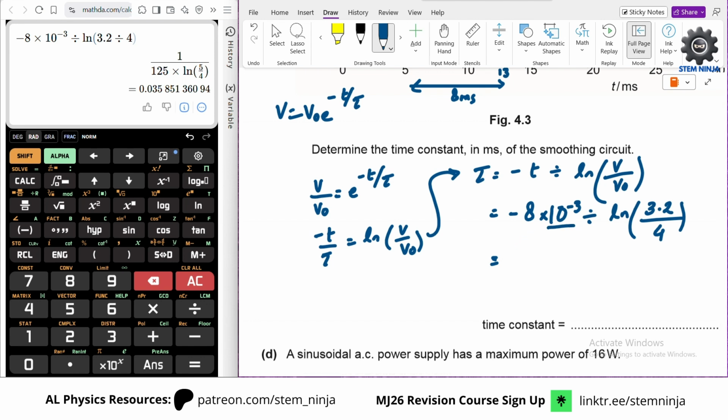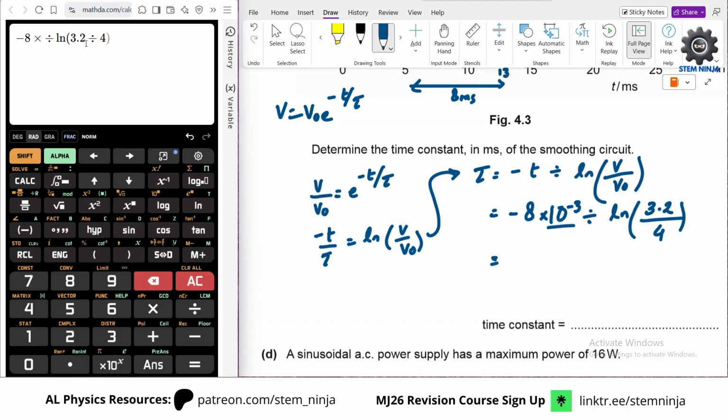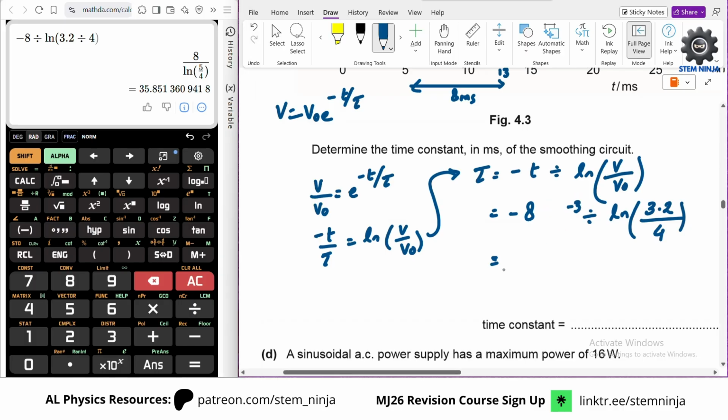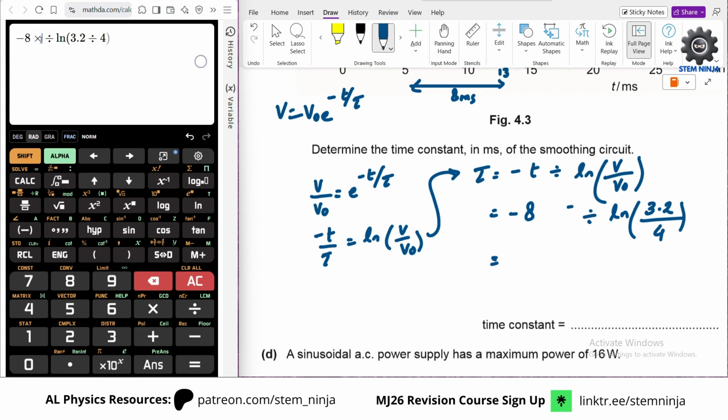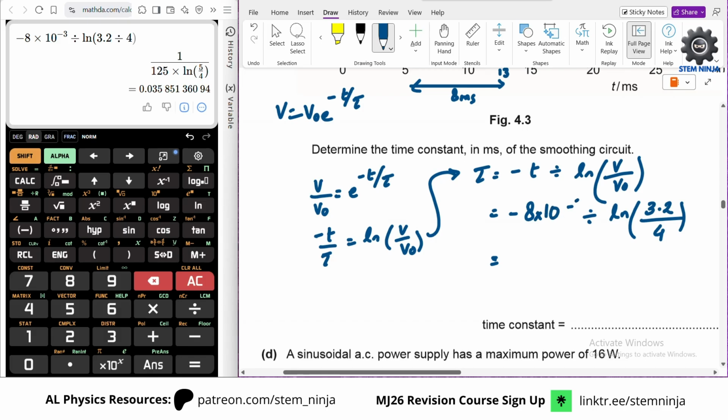So if we had used this in milliseconds, we would have gotten the answer in milliseconds also. So for example, if we reduce this, because e raised to the power is just the ratio between the voltages, so this would get us, let's go back, times 10 raised to the power minus 3, which is 0.0358 seconds.